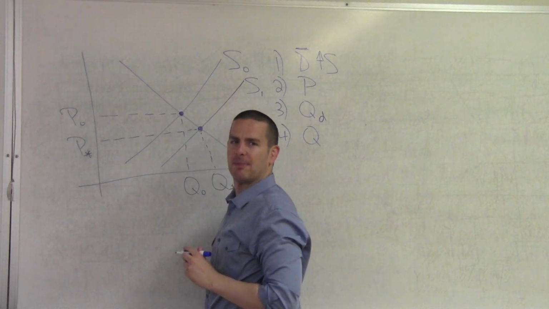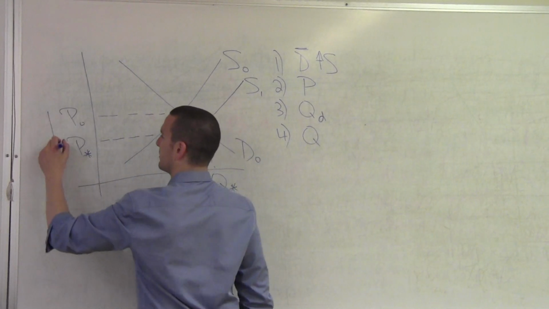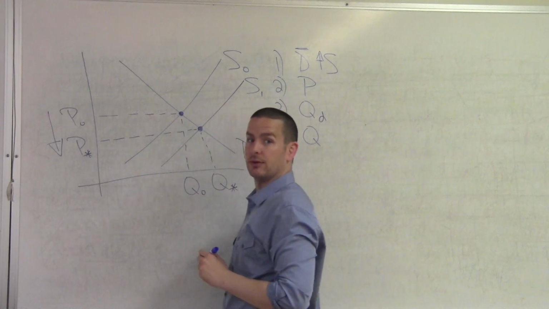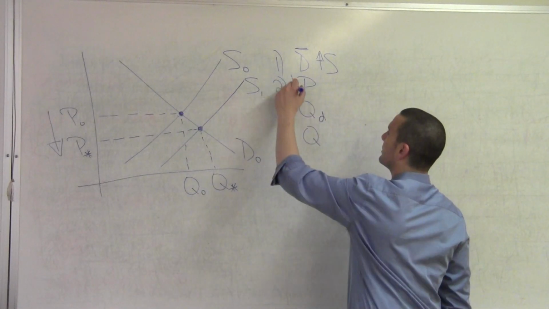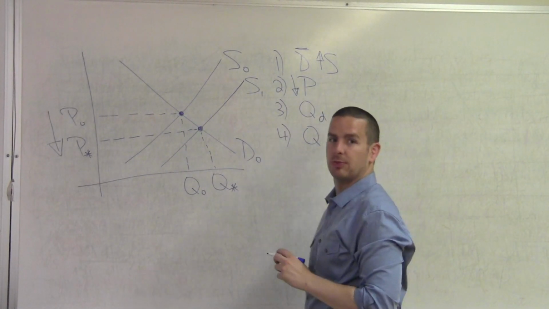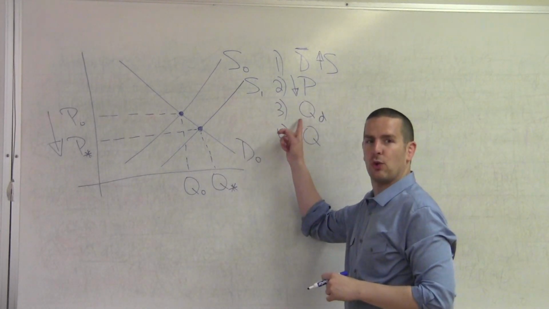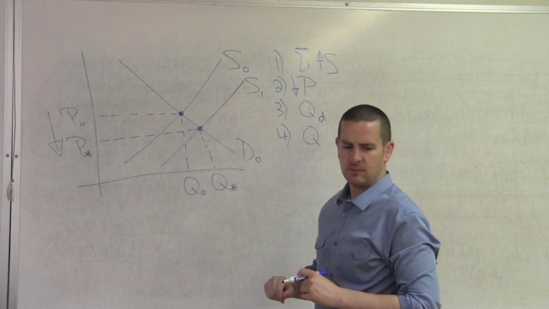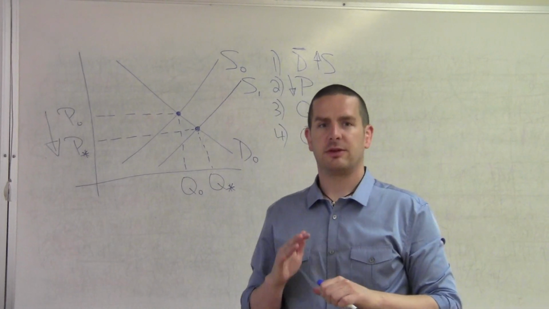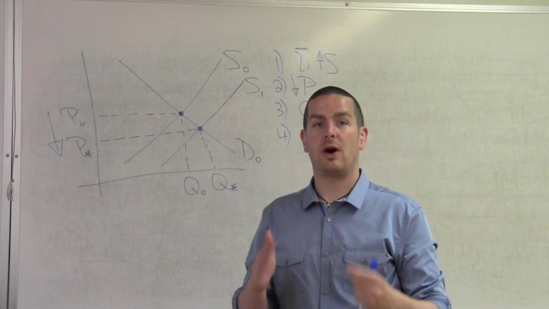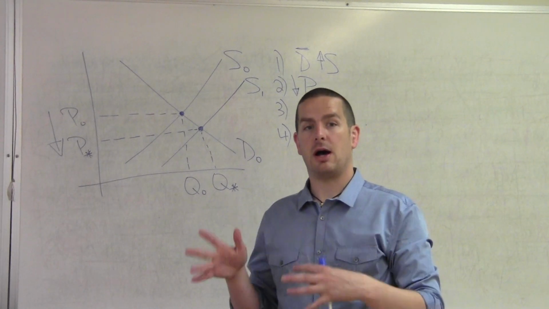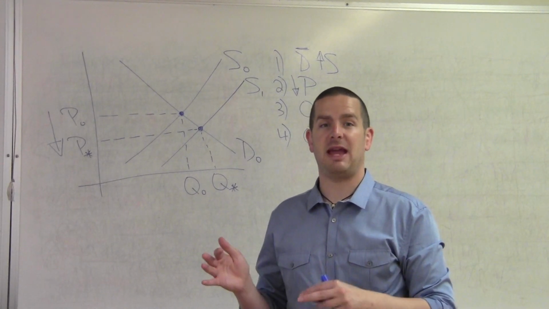Well, what happened to prices? They went down. So prices went down. Well, now we have to figure out quantity demanded. We know that if prices go down, quantity demanded goes up. That's the law of demand.